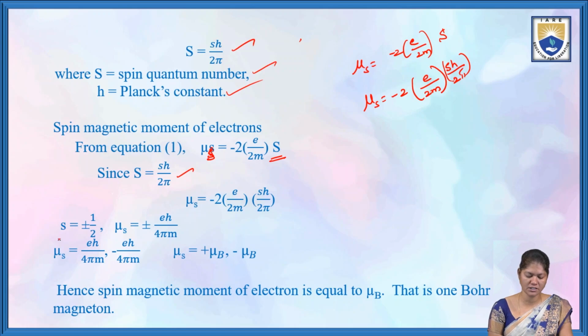Here s is the spin quantum number, so s is equal to plus or minus half.